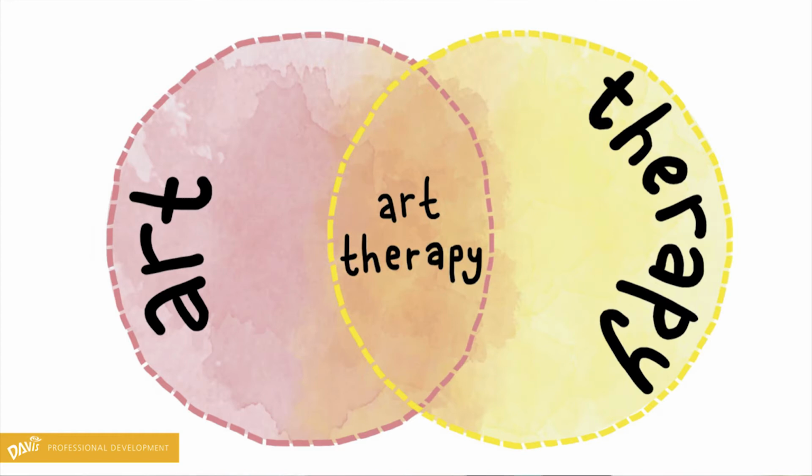Art therapists define art therapy in many ways, which contributes to some of the confusion and lack of clarity about the field. The field is positioned, as this slide illustrates, between art and therapy, art and psychology.